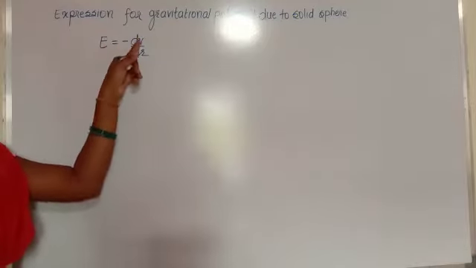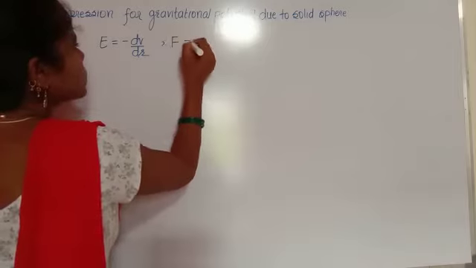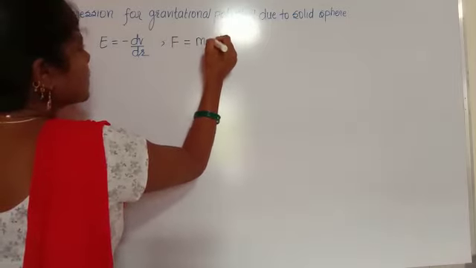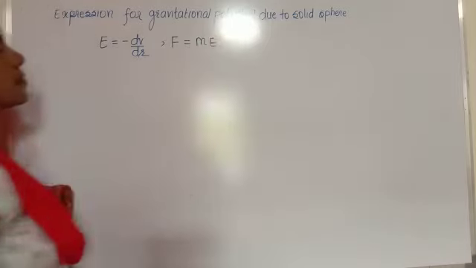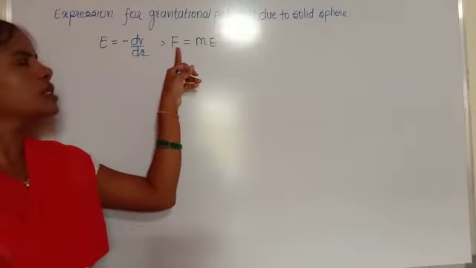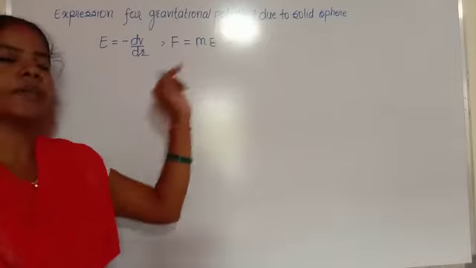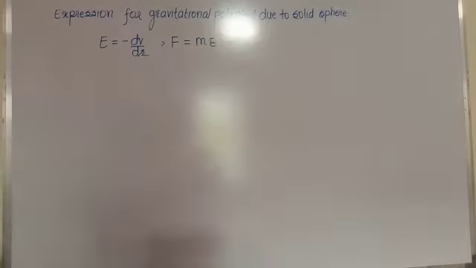And the gravitational force F is equal to m into E, mass times the gravitational field intensity. By using these two expressions we can calculate the gravitational potential due to the solid sphere.